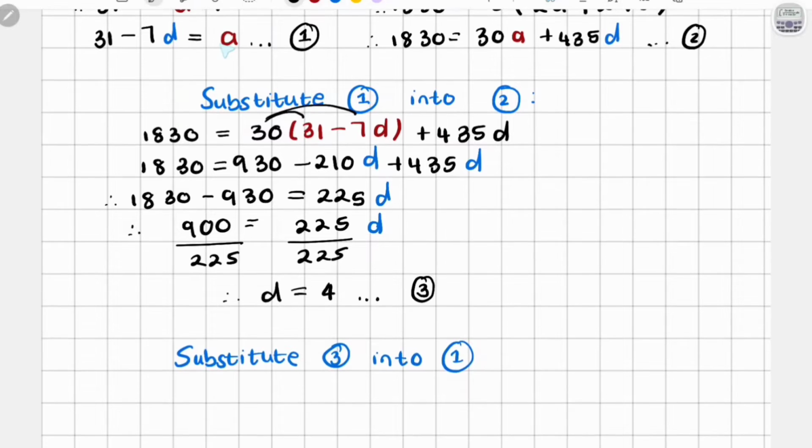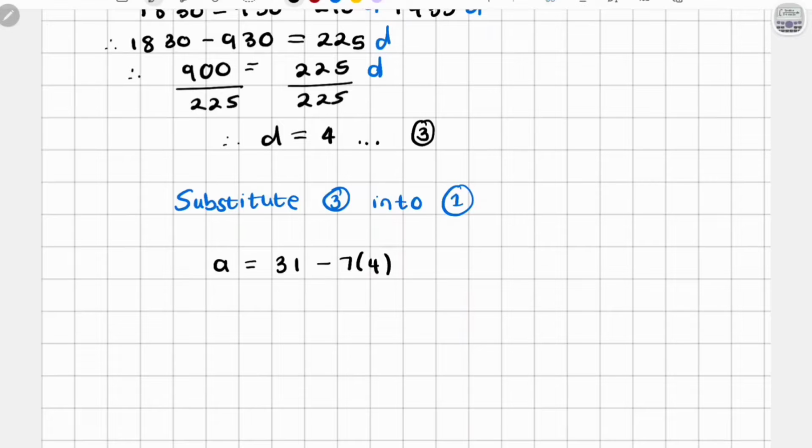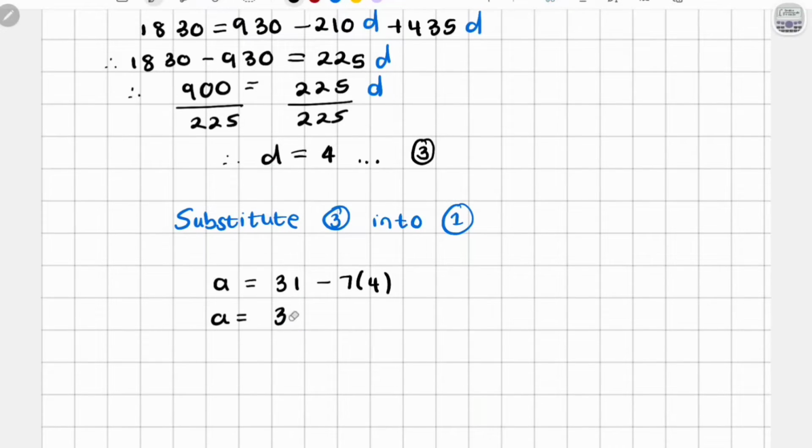Equation 1 says A is equal to 31 minus 7, and in place of D, we're just going to substitute 4. You can just go ahead and substitute it into the calculator, or you can calculate it manually. That's also fine. 31 minus 28 is 3. So there's our answer. We just have 4 and 3, as D and A.